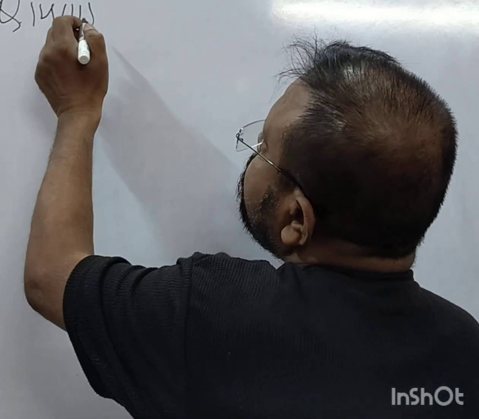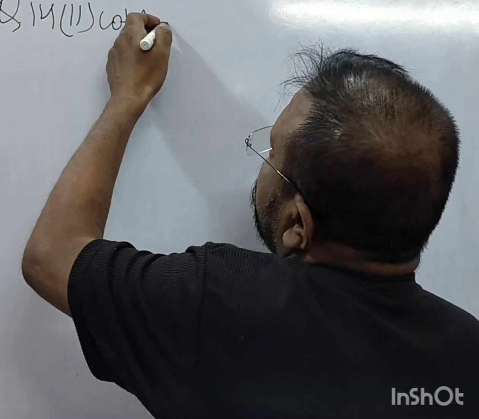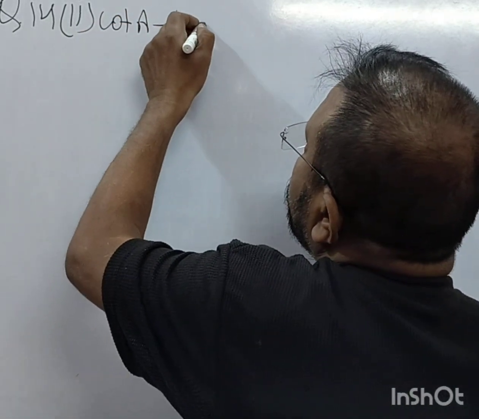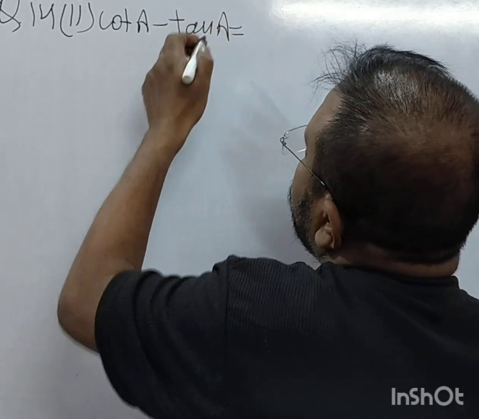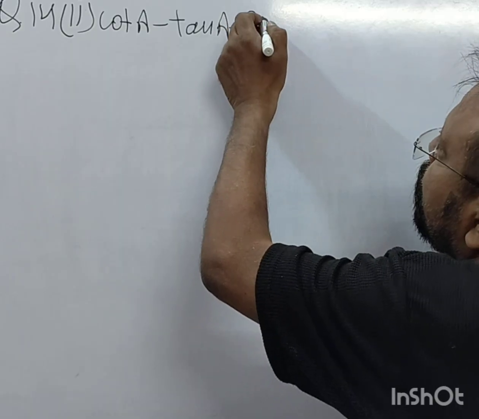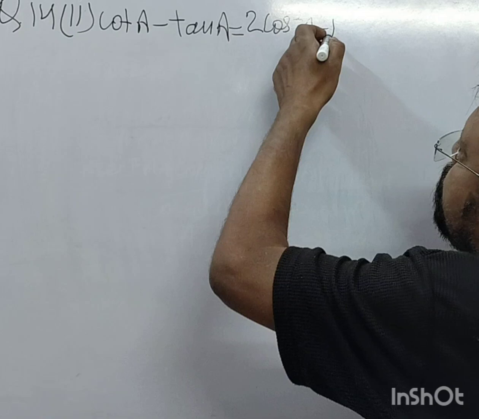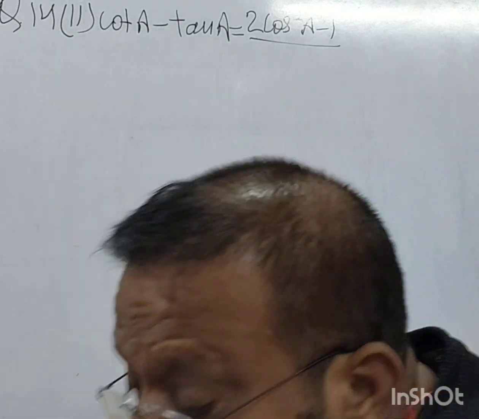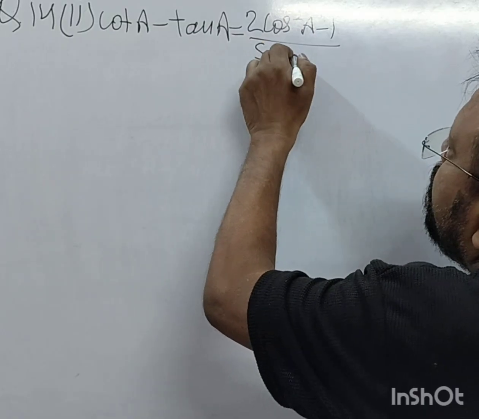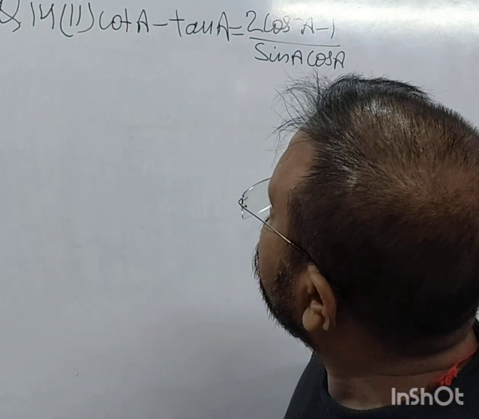Cot A minus tan A is equal to 2 cos square A minus 1 upon sin A cos A, right?